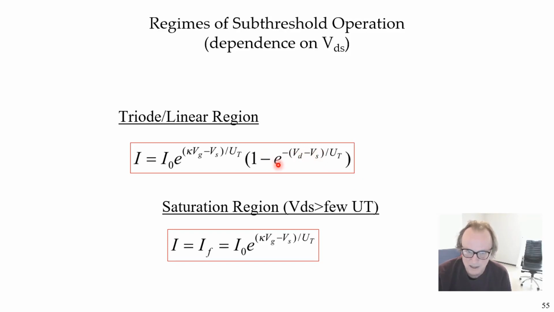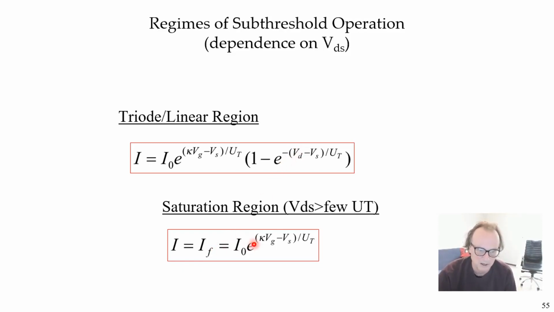And you see it's 1 minus e to the minus VD minus VS. So this e to the minus VDS term quickly goes to 0, of course, when VDS is bigger than 100 millivolts or so. And so when the forward to reverse current ratio is bigger than a few, like 10, you reach so-called saturation, and all the current is just forward current.